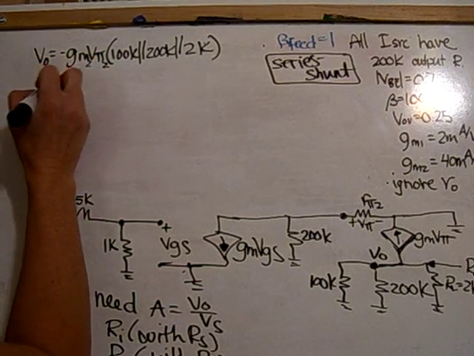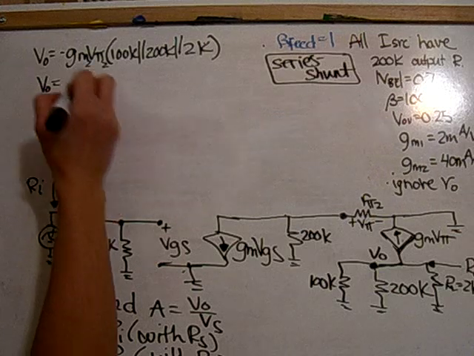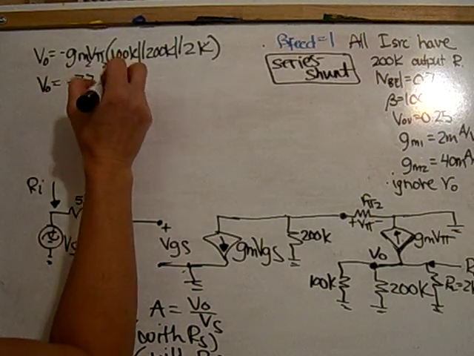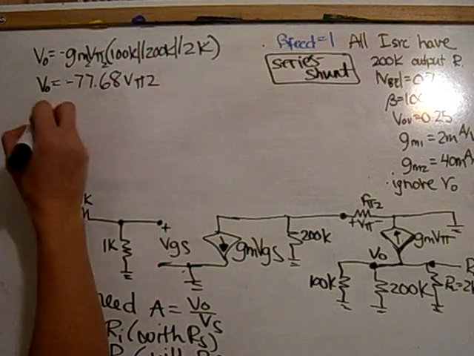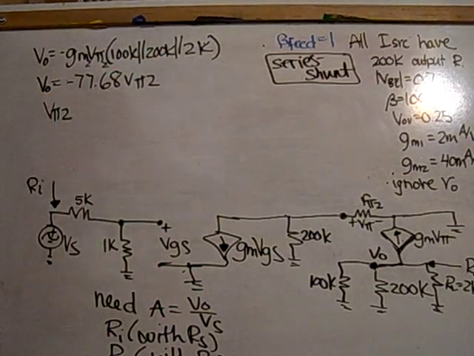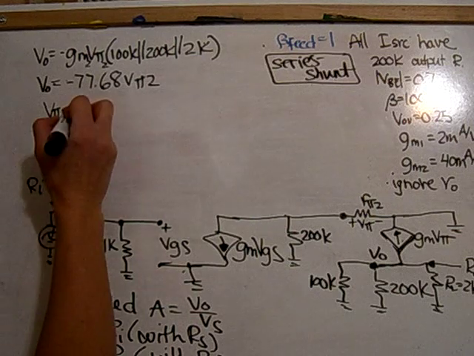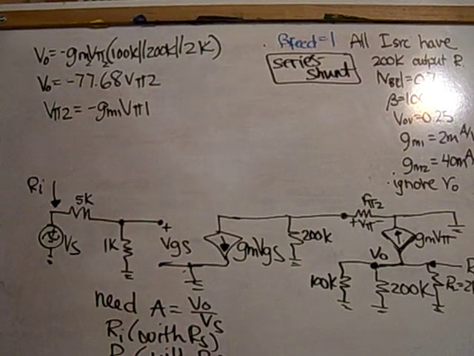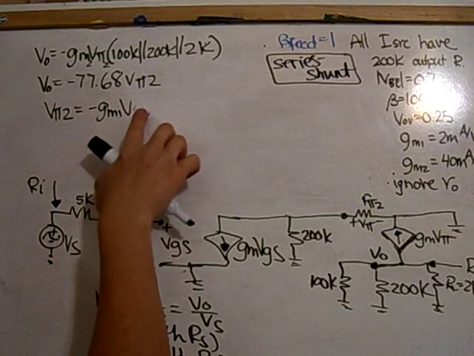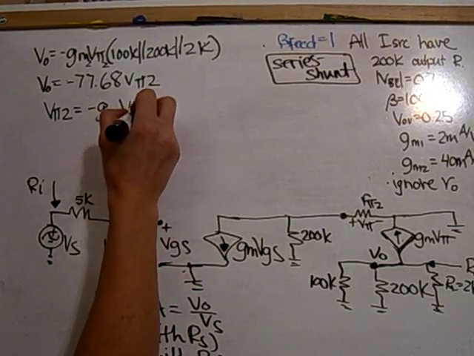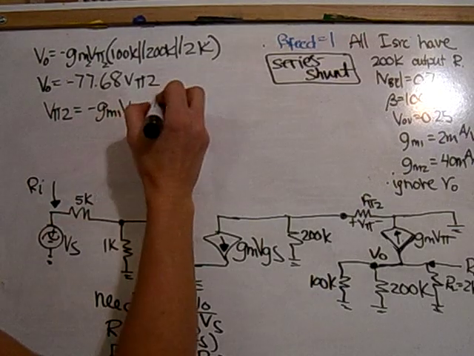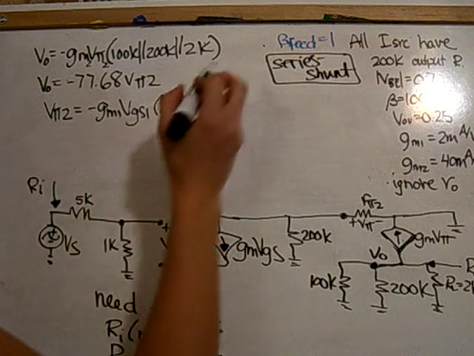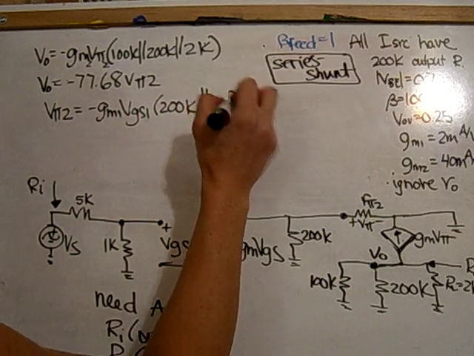And this gives me a value of V naught is a minus 77.68 V pi 2. And V pi 2 I can write as a minus GM1 V pi 1 or VGS1 multiplied by 200K in parallel with R pi 2.